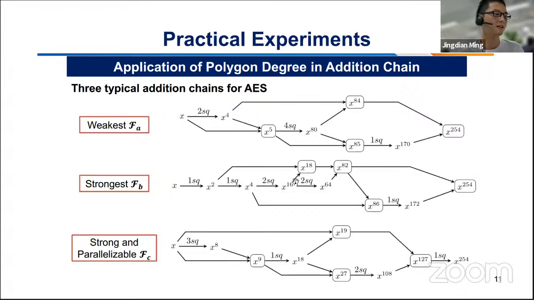Then we found three typical addition chains with four multiplications and seven squares. The first one is the weakest for both adversaries, and the second one is the strongest. The third one is also very strong and can be performed in parallel.